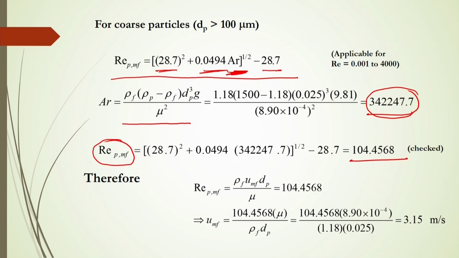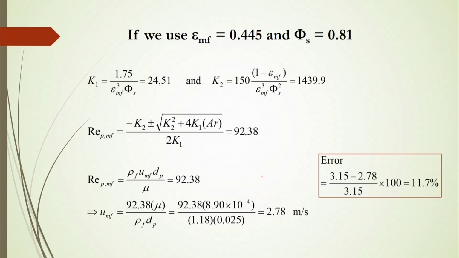Once you know this minimum Reynolds number, which is defined as rho f into UMF, where UMF is the minimum fluidization velocity, then from this equation you can calculate the minimum fluidization velocity. It will be exactly 3.15.